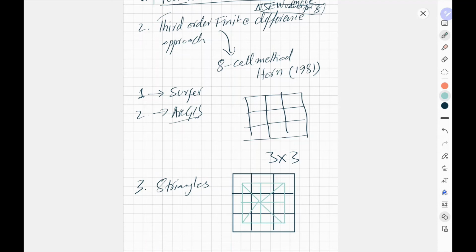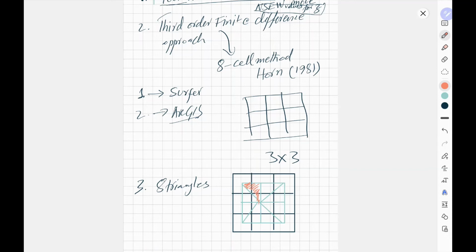Eight triangles like this. One of the triangles is this one. You compute these triangles.